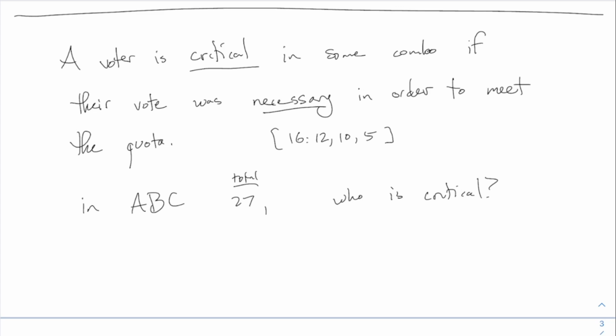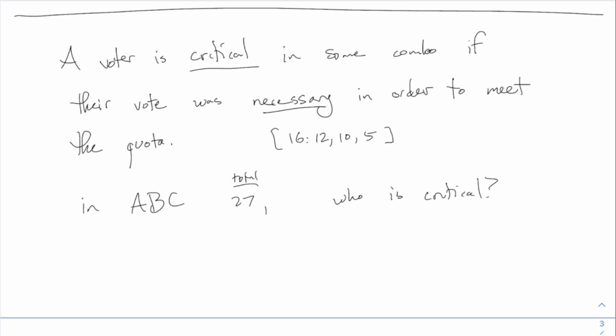All right. In this case, the total is 27. I want to ask myself, of these three, which of those really is necessary in order to make it to 27? For instance, is the C critical? You got to ask yourself, when I add these up, I get 27. Did I really need the 5 to make it to 16? The answer is no. So the C is not critical here.